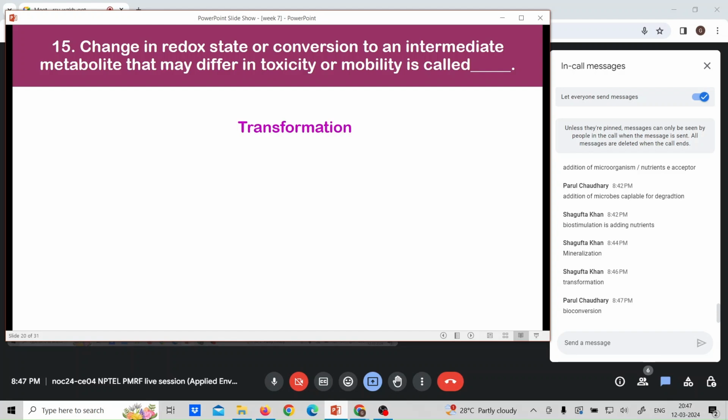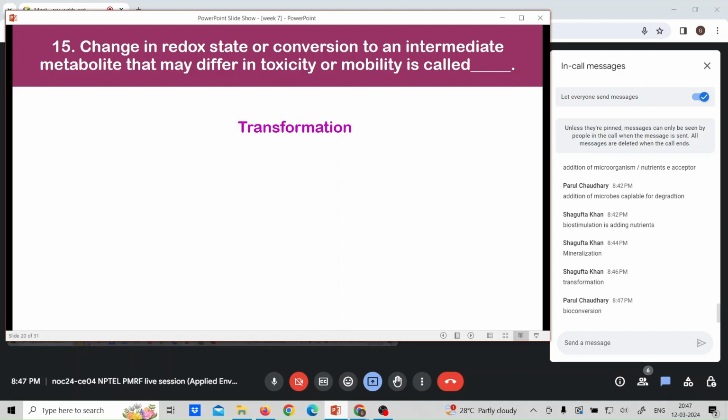It's transformation. You generally call it a transformation process. One thing is transformed into another thing. And I have mentioned that the intermediate metabolite differs in toxicity. It's not always that when I convert one existing molecule to another, the difference in toxicity means lesser toxicity.